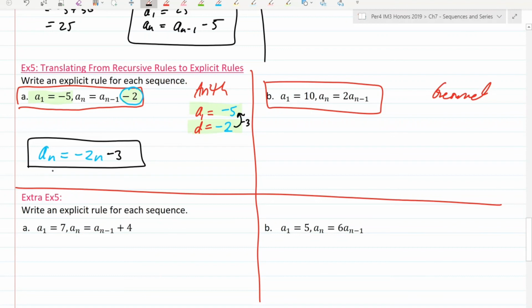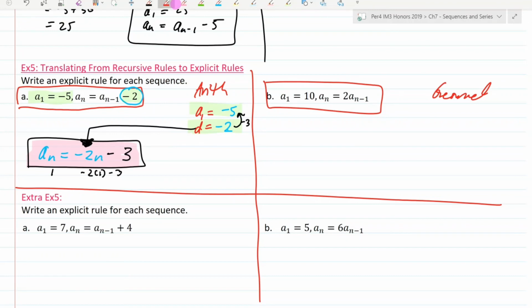So if I plug in a 1 here, then -2 times 1 minus 3 gives me the first term. And if it doesn't, then you have the wrong number here. Okay, d is always like the slope. It's the number in front of n. I don't know why I put a 5 there. It's -3. So this is your answer.